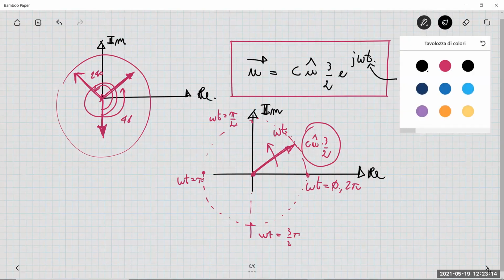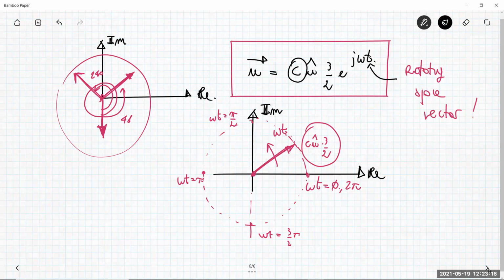Let me choose a value for this constant C. Basically, you can find two different ways to choose the value for this constant C. One leads to what is called the space vector amplitude invariant.